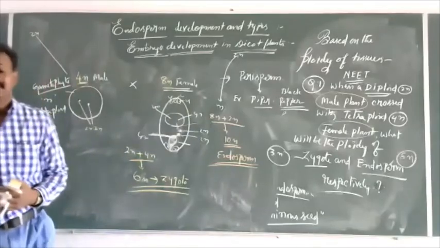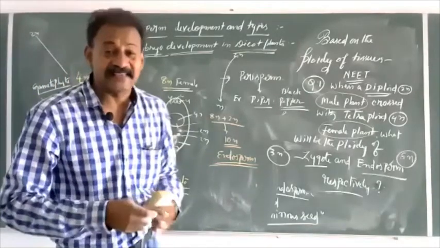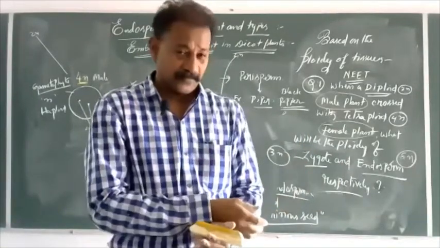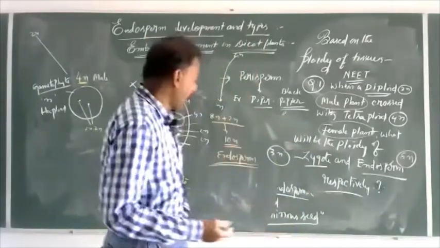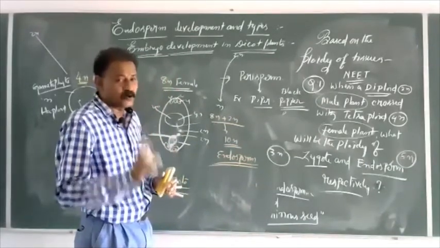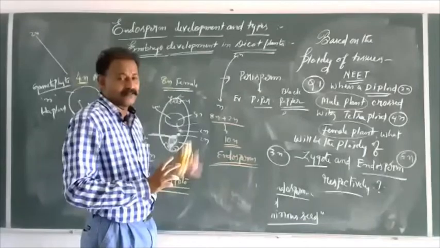So always the endosperm's ploidy is triploid, three times the n. So diploid zygote and triploid endosperm, based upon the concepts of endosperm and zygote.